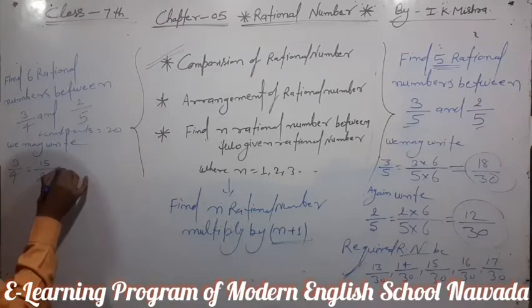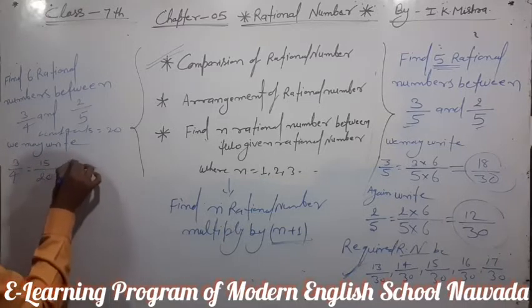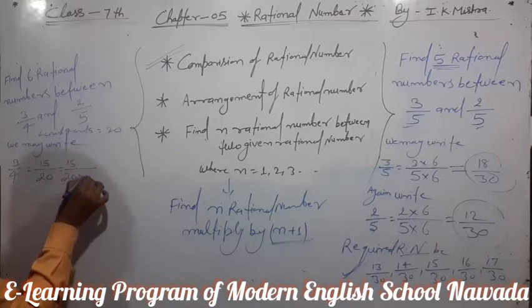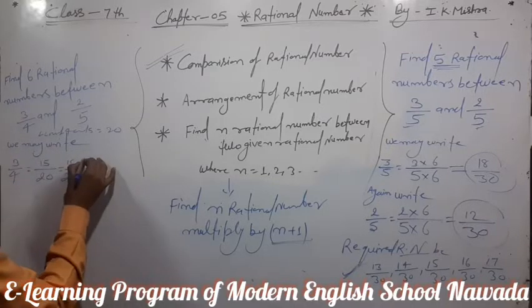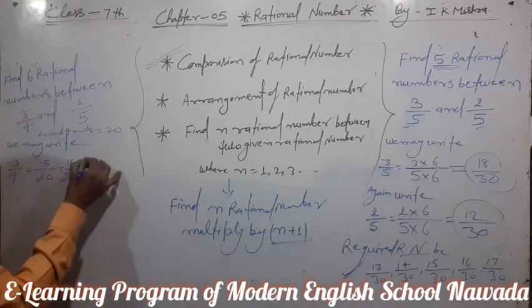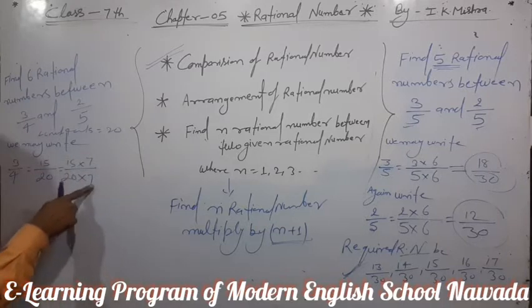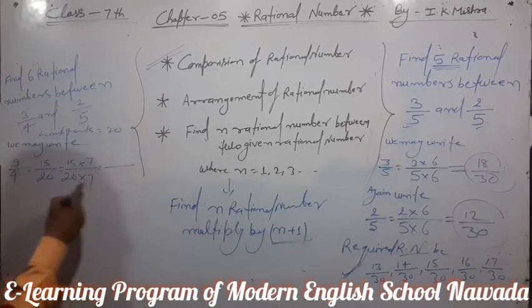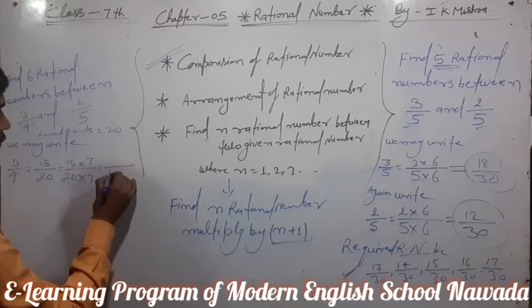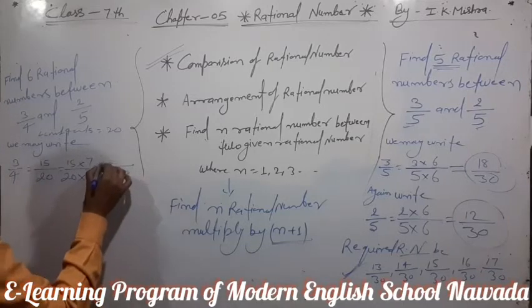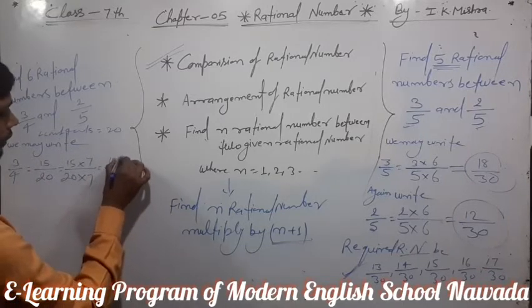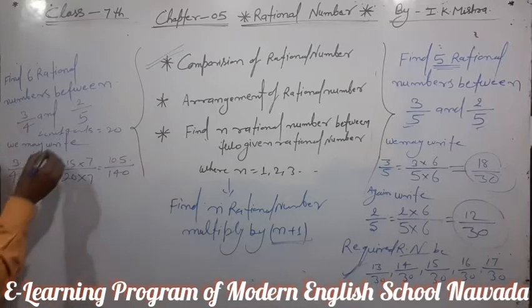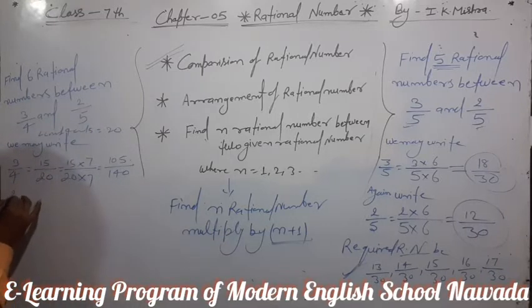And after that, 15 by 20 is multiplied by, since we have to find 6 rational numbers, 7, and is equal to 105 by 140.